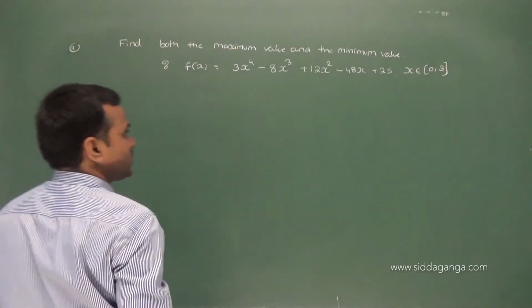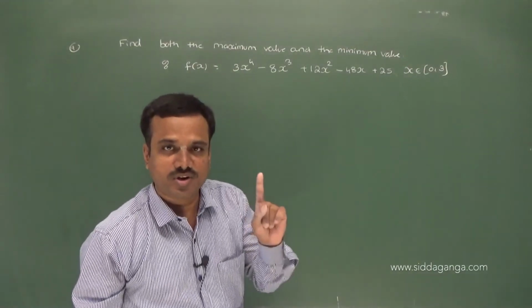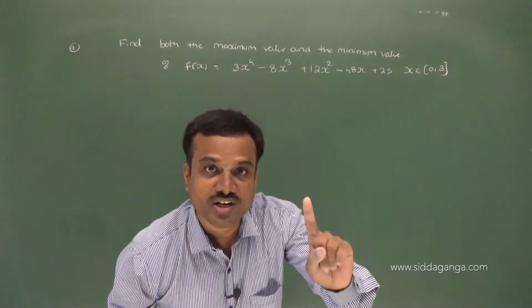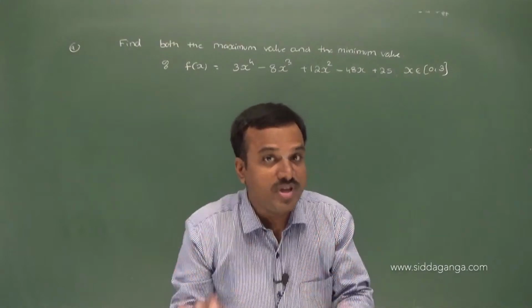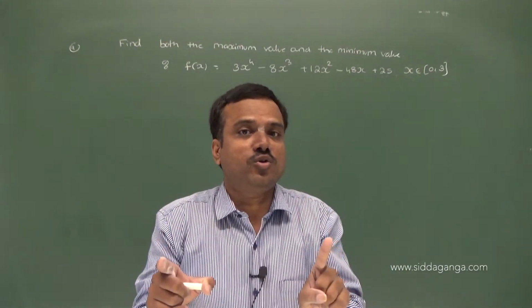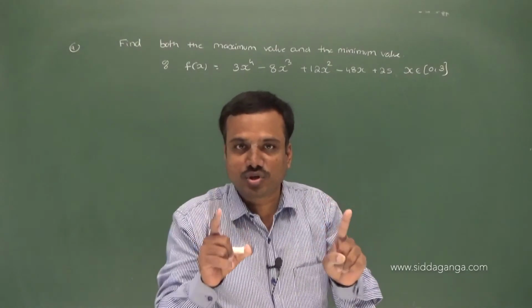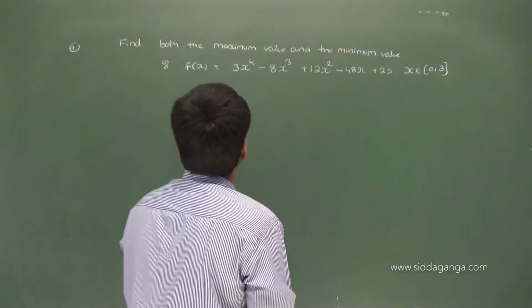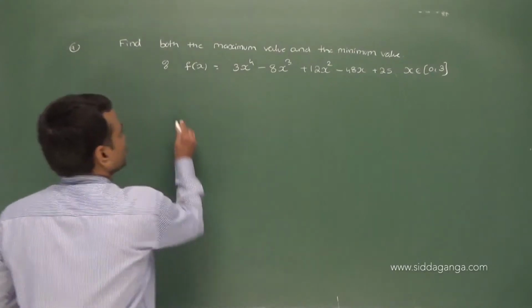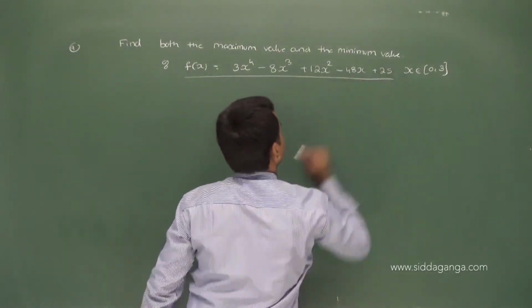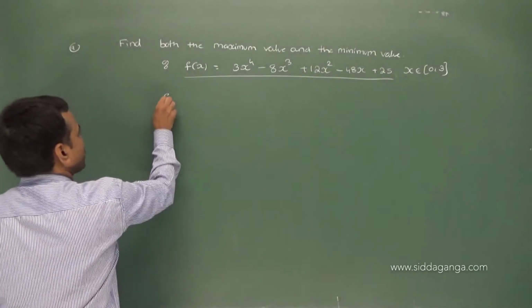So observe the problem, he has given a closed interval. That means we have to find out what? Absolute maxima and absolute minima. Okay, so we differentiate this function with respect to x.